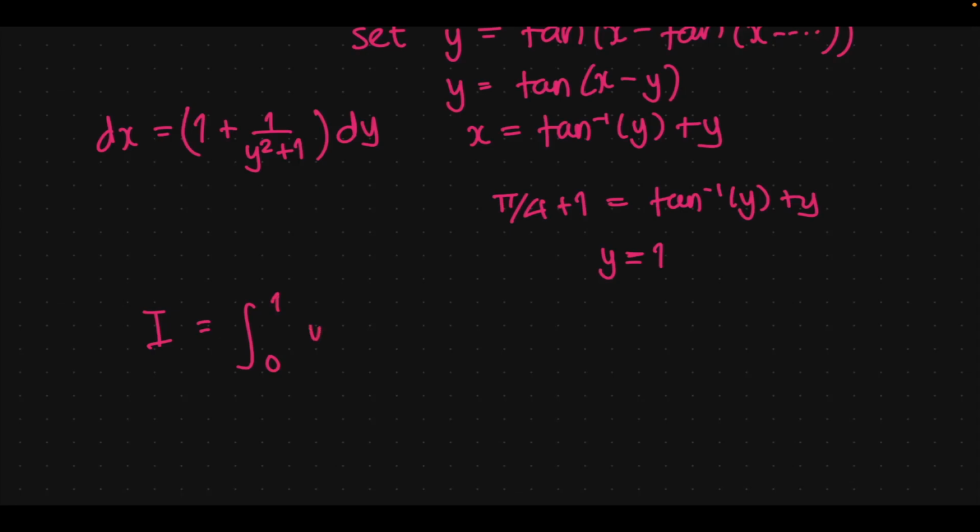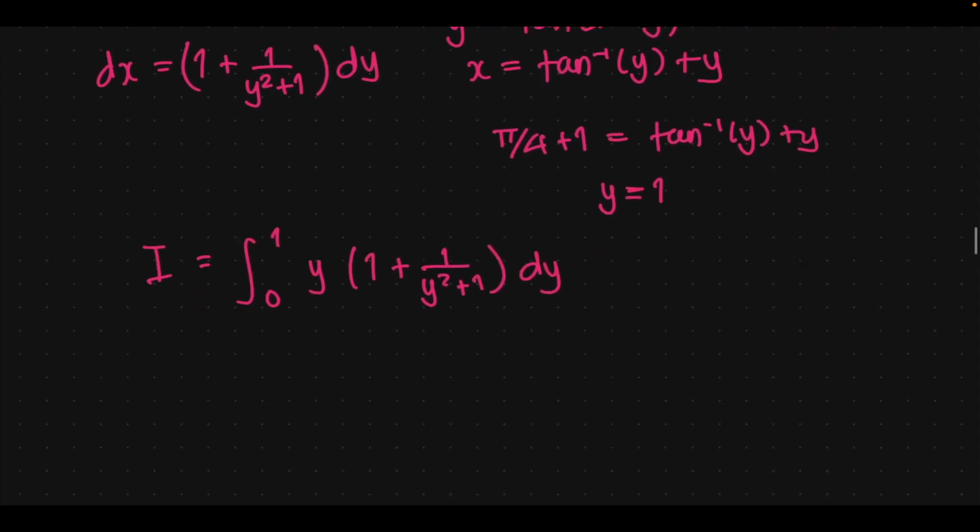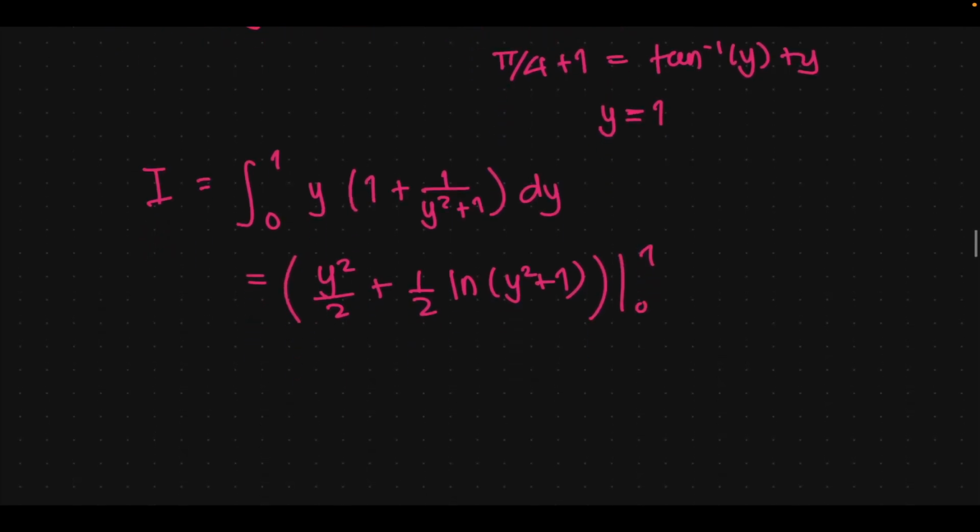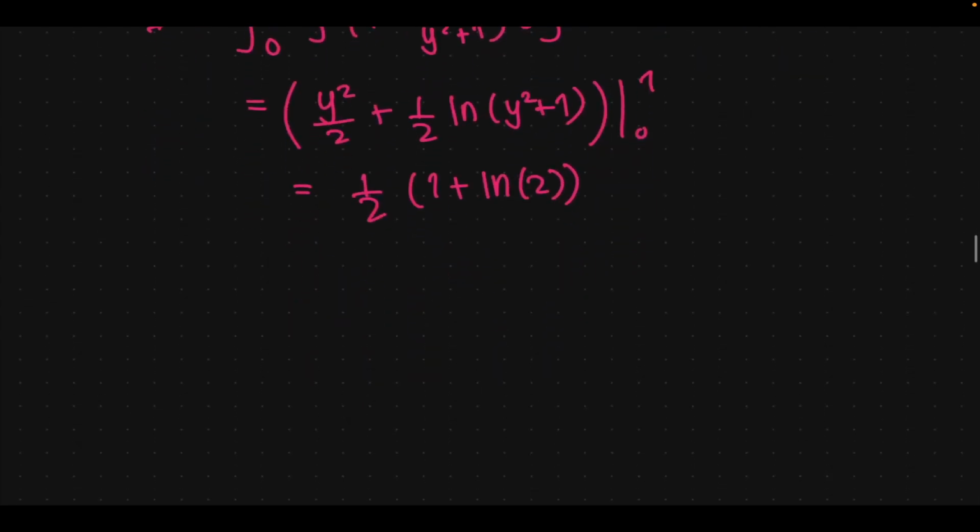Integral from 0 to 1, y from the integrand itself, times (1 plus 1 over y squared plus 1) dy from the differential, which is easy to solve. This is y squared over 2 plus 1/2 natural log of (y squared plus 1) from 0 to 1. At 0, everything vanishes, so let's not bother with that. We have 1/2 of (1 plus natural log of 2). That is the final answer.